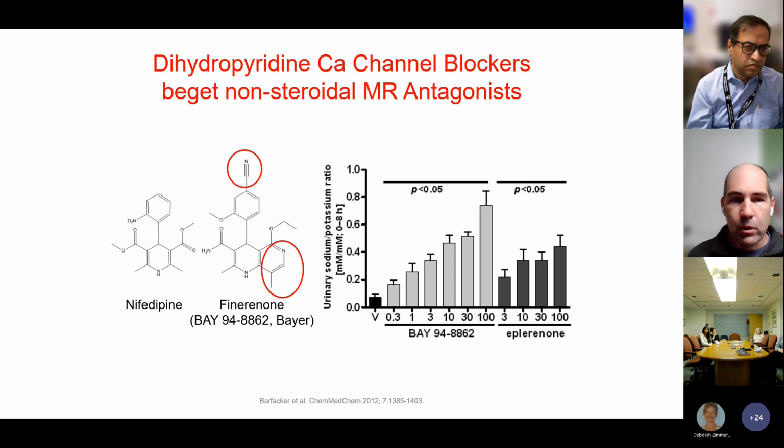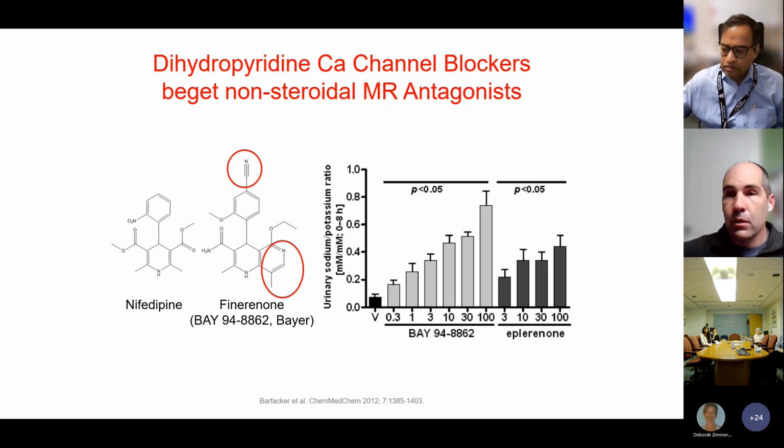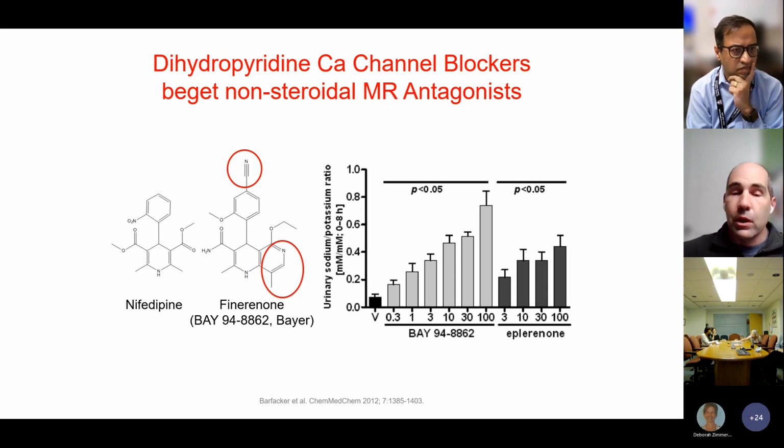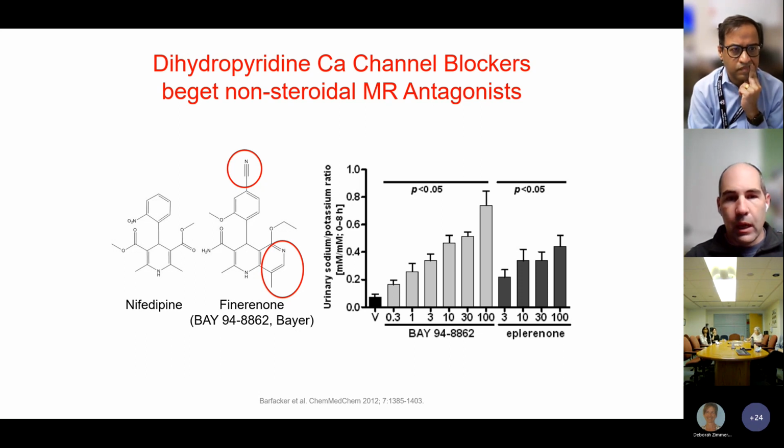that are non-steroidal. This is also important because steroids are hard to synthesize chemically. It's really hard to mess with some of these things. And obviously you have the potential for more off-target effects like spironolactone. So this compound, BAY 94-8862, became eventually finerenone when they got a name for it.